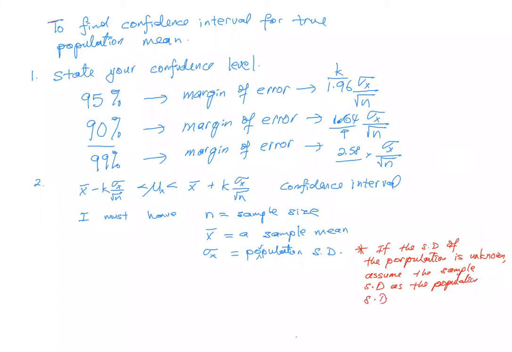That means you got this sample, correct? You have a sample, so you take the standard deviation as the population standard deviation. So that means in your formula, instead of this divided by square root of n, you use s divided by square root of n. Understand? S is the sample standard deviation.